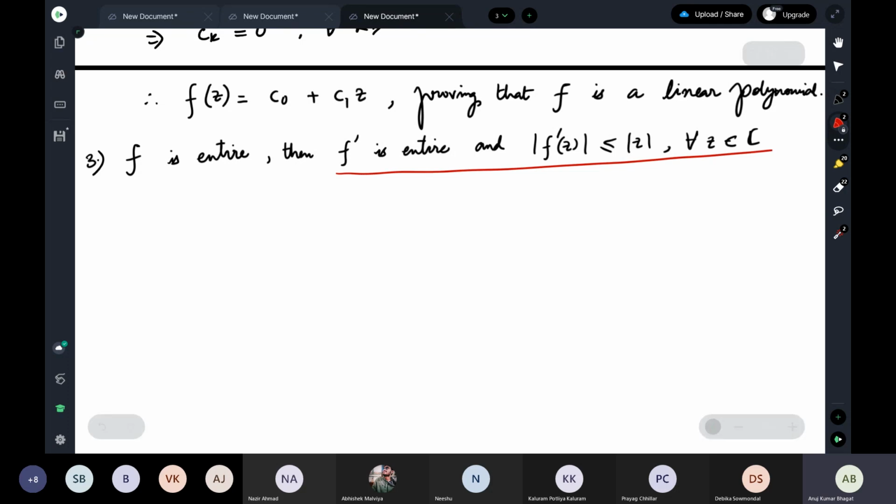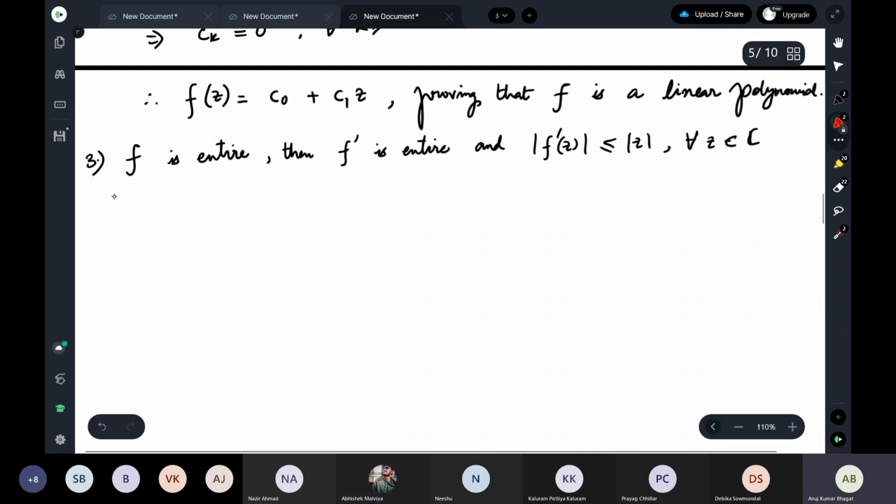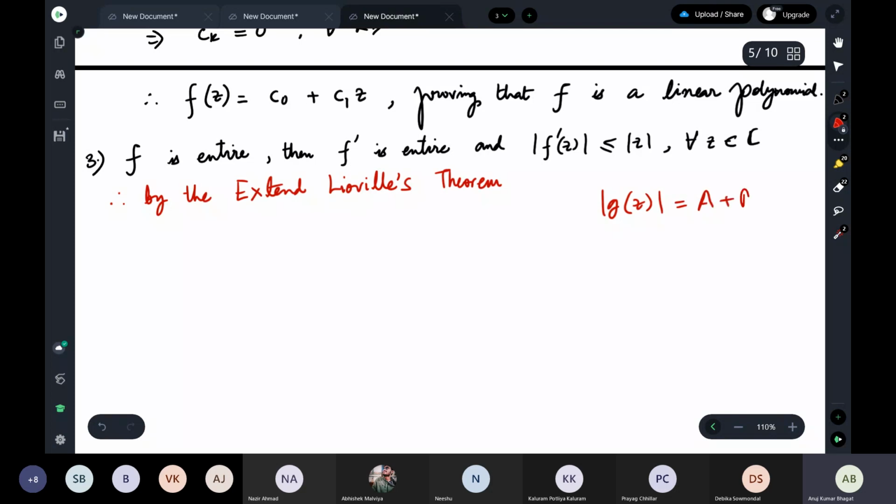And can you use the extended Liouville theorem? Yes, sir. So from the extended Liouville theorem, what can you say? So therefore, f prime z has linear power, right, extended Liouville's theorem. So when a function is entire and it is bounded like this, a plus b modulus of z to the power n, then it will be a polynomial of degree at most n.